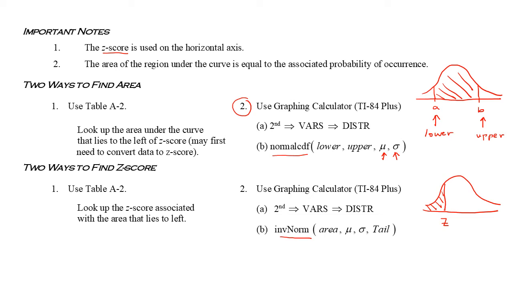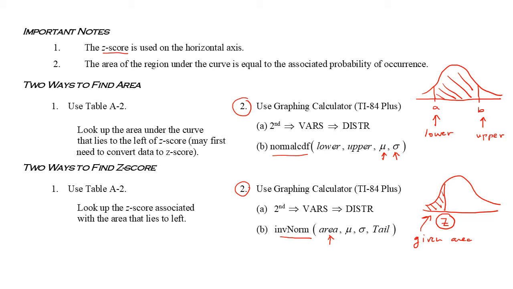And again, you could also use a table, but here we're going to focus on using the calculator. And so using the inverse norm function, we're going to input as one of the arguments the area. So in this case, we're given an area, and we want to find the corresponding z-score. So this is what the inverse norm will tell us.